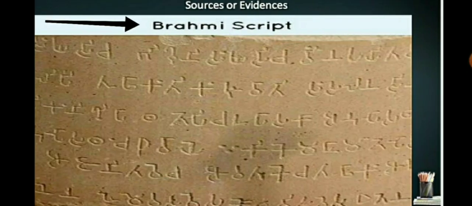To understand that, here one box you can see in which the example of inscription is given. Another example that I want to give is this Brahmi script, where you can see something is written in Brahmi language on hard substances such as stone.